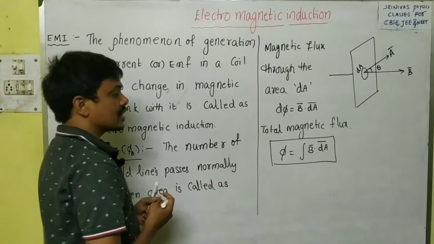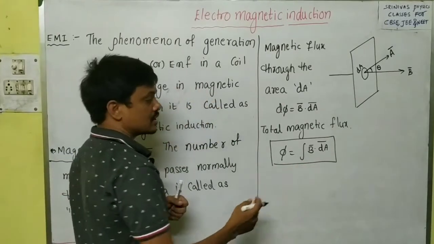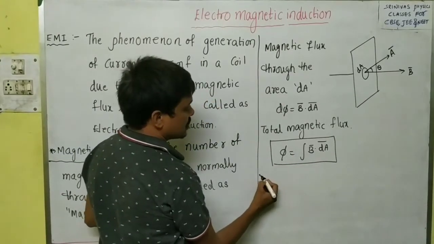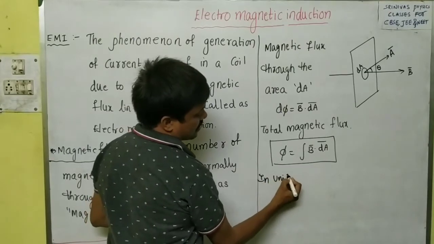But sometimes the field is constant, in a uniform magnetic field.